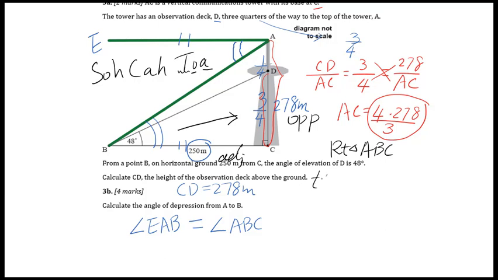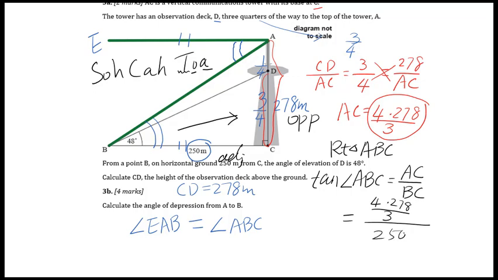So tangent angle ABC equals AC over BC. So we put in the number. AC, that is 4 times 278 over 3. BC, that is 250.